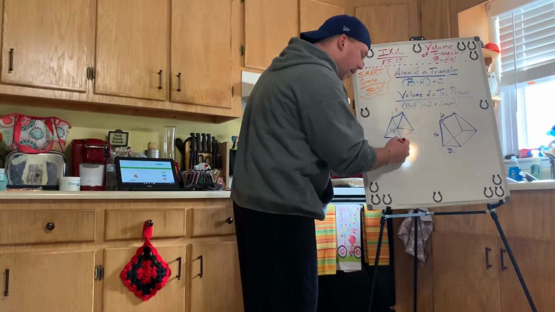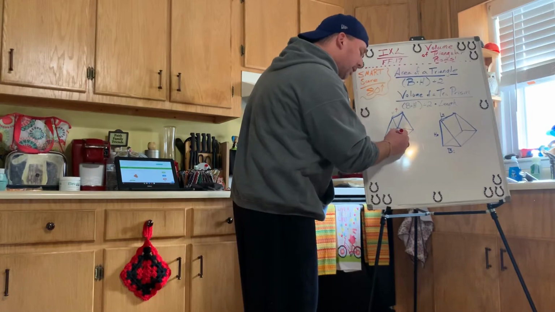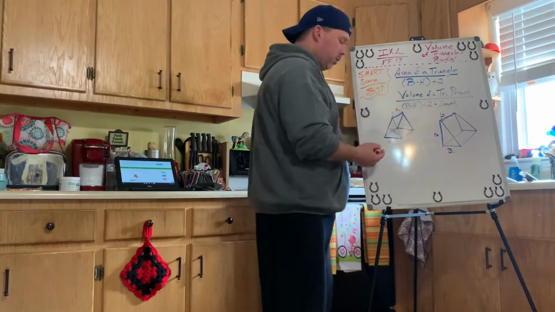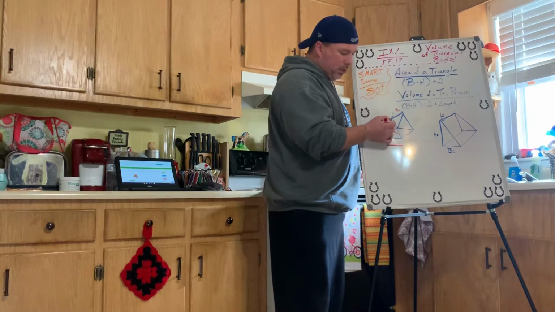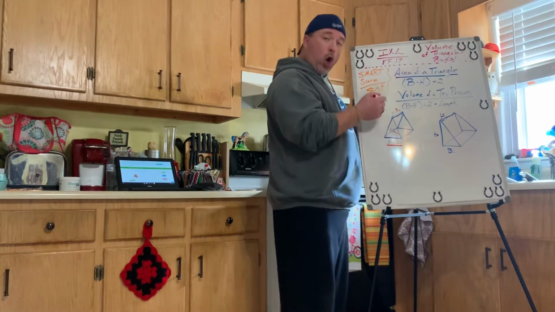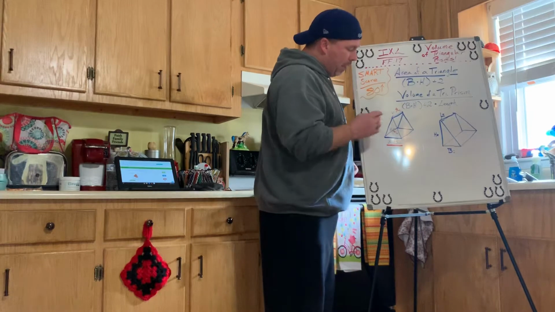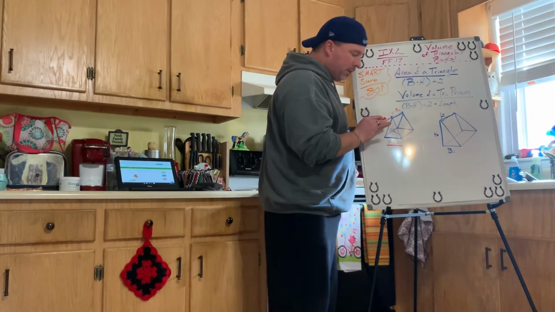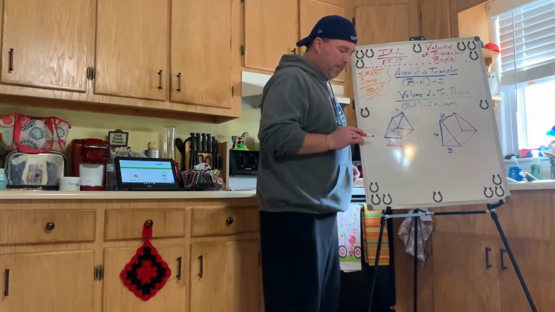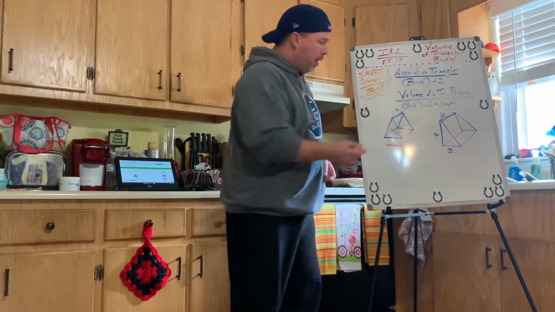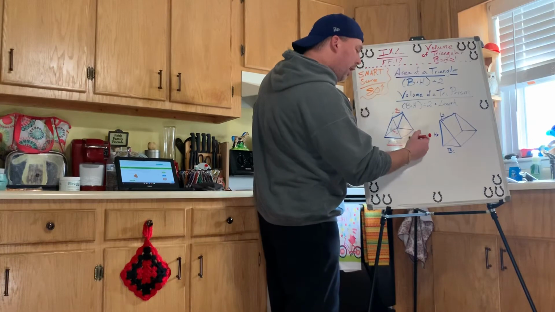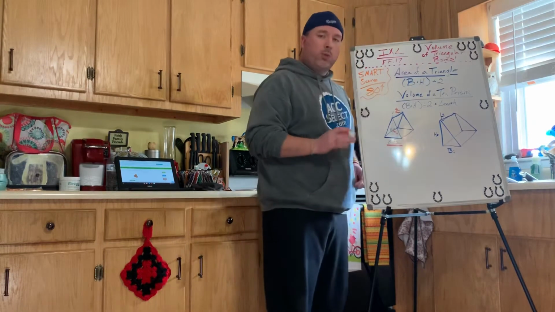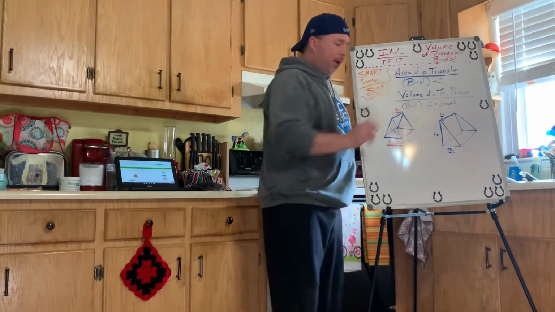We can say this is 5 inches, 6 inches, 4 inches. Okay, so base of 5 inches, height of 6 inches, how tall the triangle is, and then the length from the front to the back. Okay, now sometimes you'll see the length at the top, sometimes you'll see the length right here, and all that's telling you is how long it is, once again, from the front to the back.